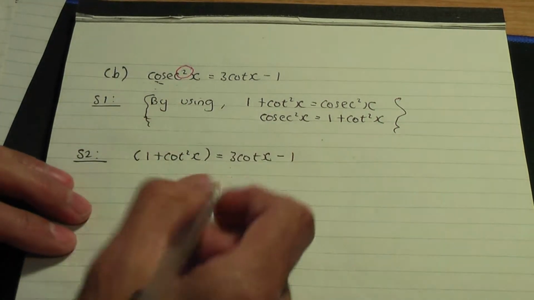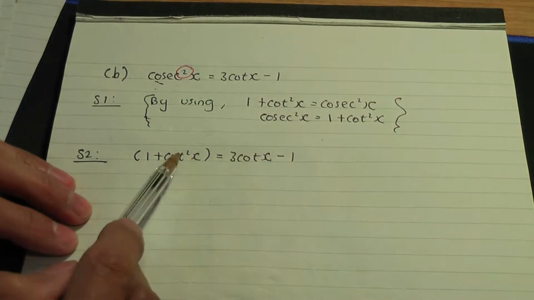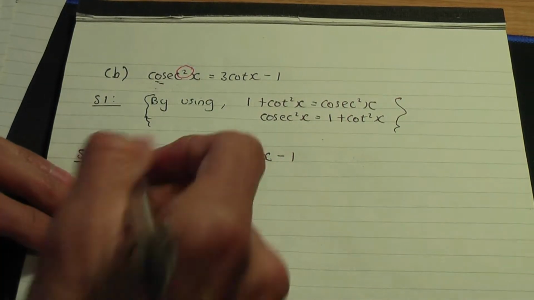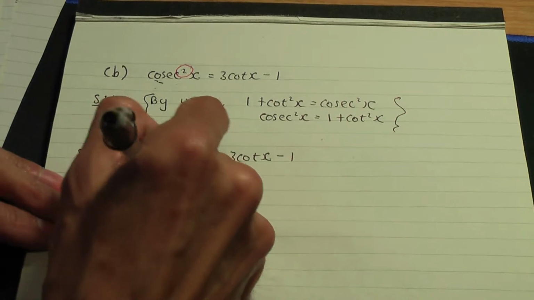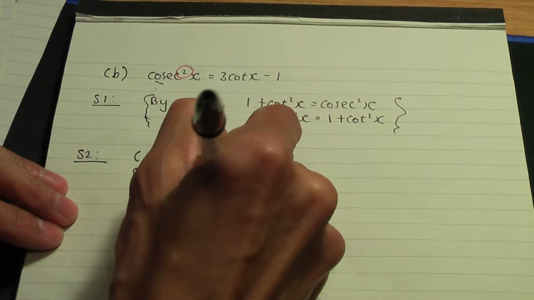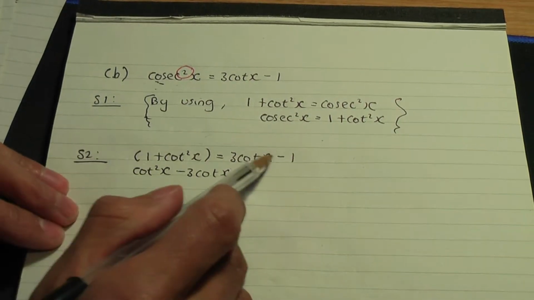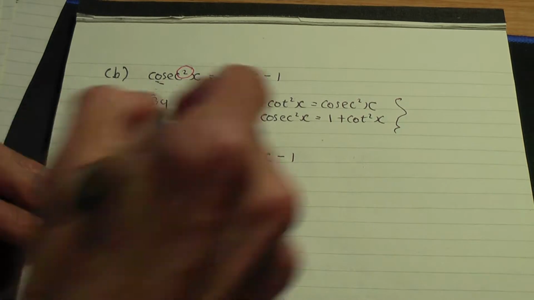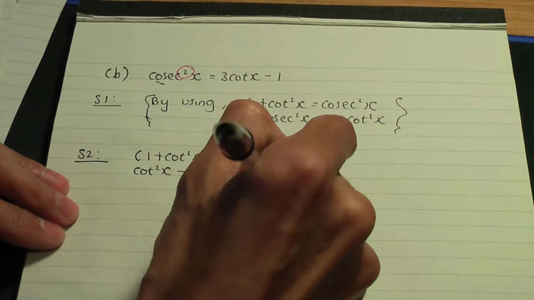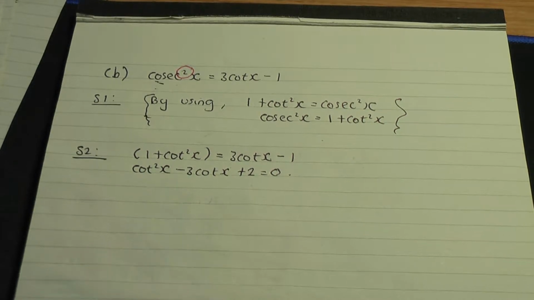If I bring these two terms to the left, I have cot squared x minus 3 cot x, and 1 plus 1, when you move the minus 1 to the left, is a 2, equal to 0. That is my quadratic involving cot.